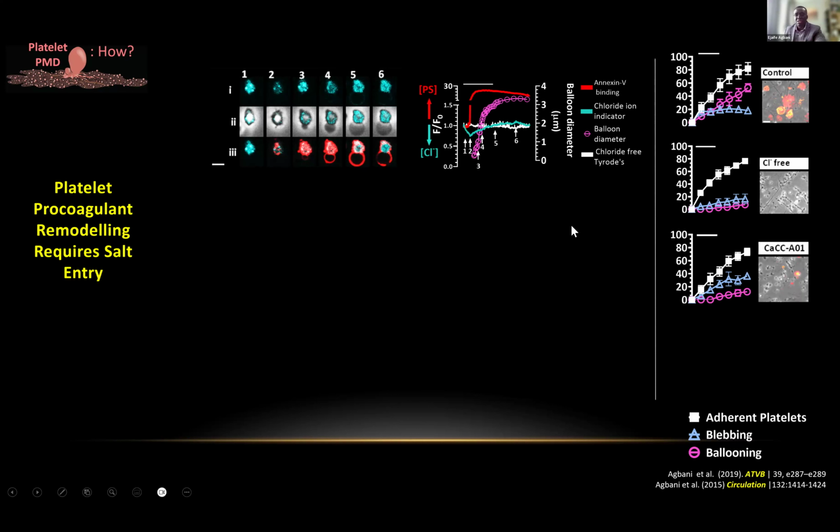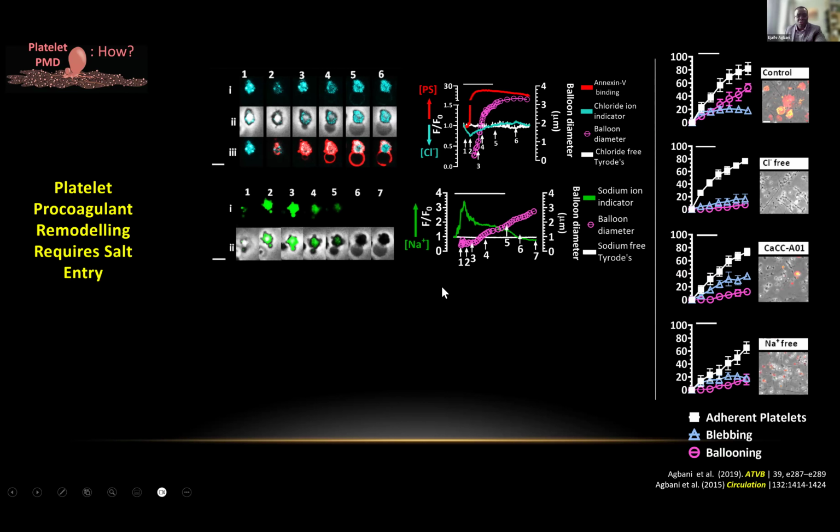And what we notice from the collation of the data is that we are able to significantly attenuate ballooning but not blebbing in chloride-free medium. And when we also block chloride by the use of a calcium-activated chloride channel blocker, we also block membrane ballooning but not blebbing.